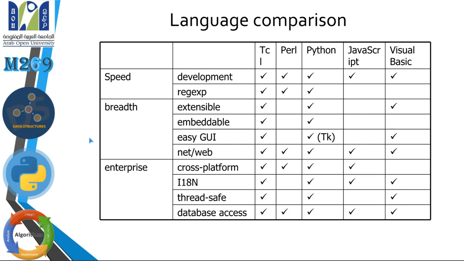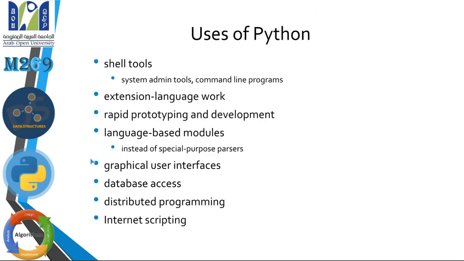In terms of the comparison with other programming languages, you can see that compared to Perl and JavaScript and Visual Basic, Python is much better in terms of performance, in terms of design, and supporting enterprises.